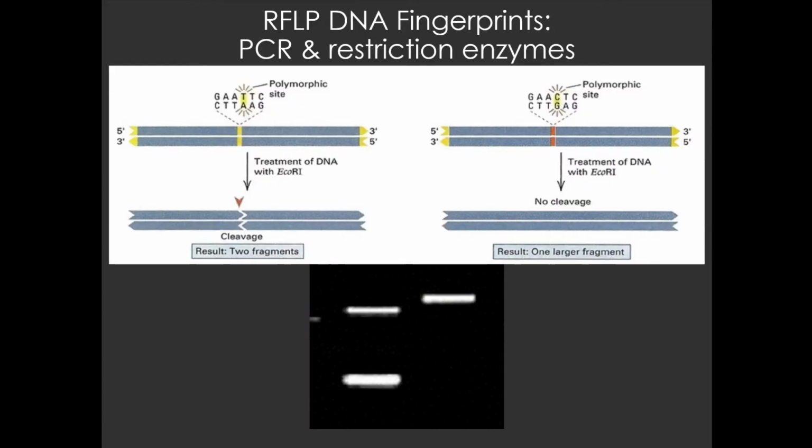One more way that PCR and restriction enzymes and agarose gel electrophoresis can be used biotechnologically is to create DNA fingerprints, which can be used to identify unknown fragments of DNA in what's called a restriction fragment length polymorphism.